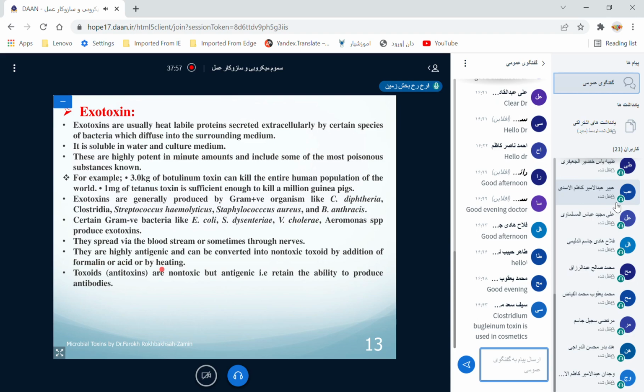If we have exotoxins, we can add formalin, a chemical liquid, or acid, or heat them, which modifies the toxin and changes it to non-toxic toxoid.